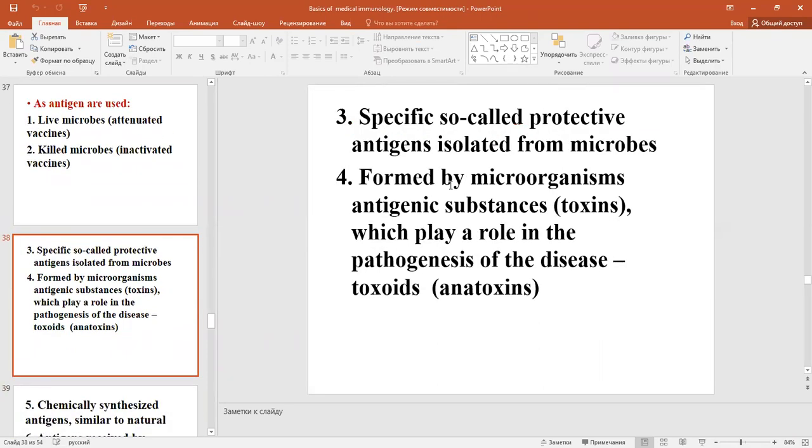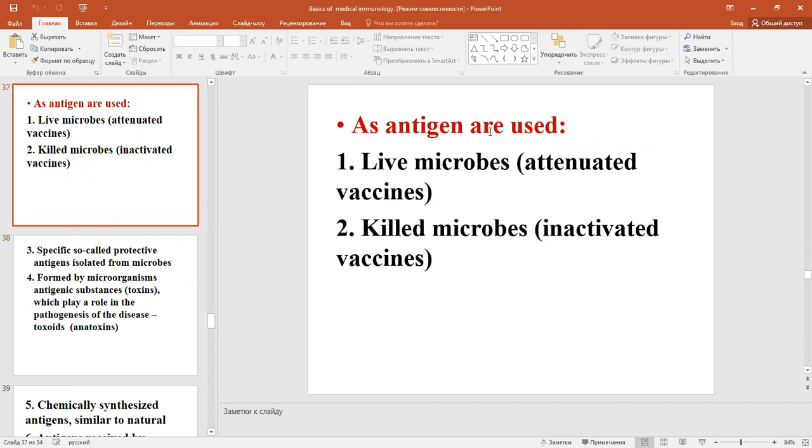Viral vaccines. So I'm repeating, in vaccines as antigen are used live microbes, the whole bacterial cell, the whole viruses, maybe killed microbes, again the whole bacteria, the whole virus particles, but some substances of them are toxic.